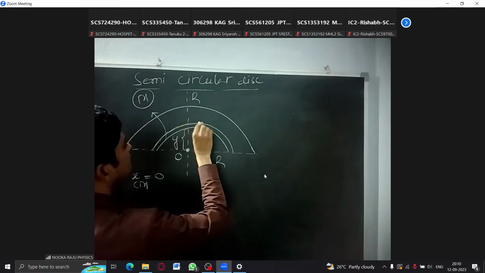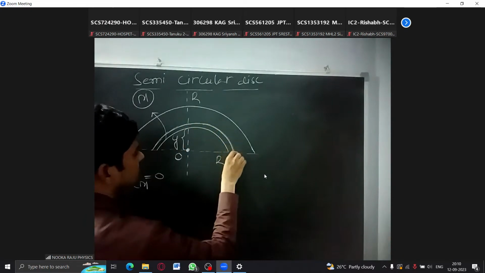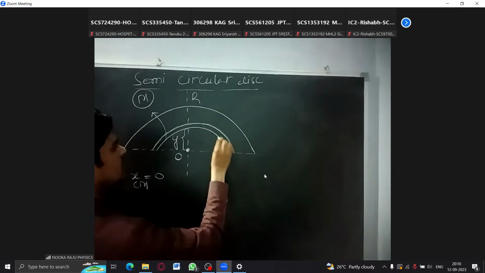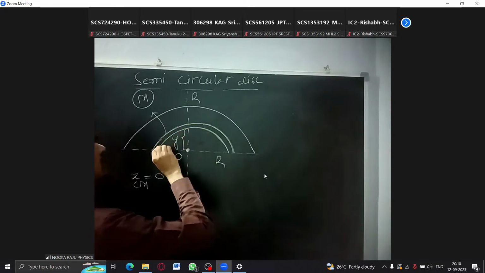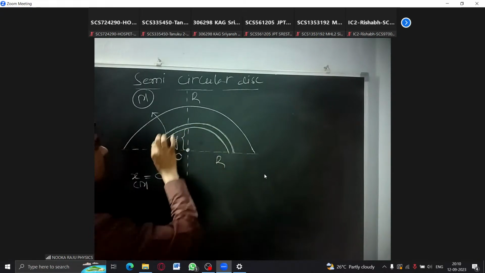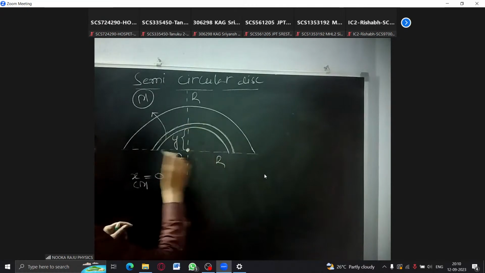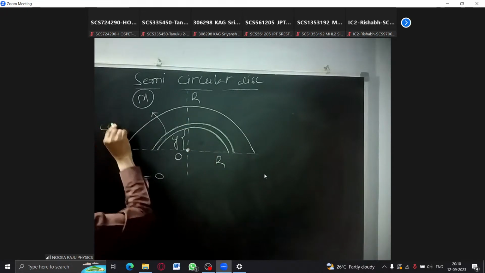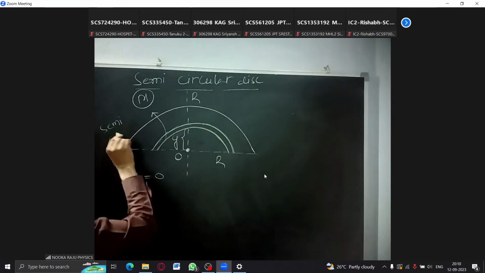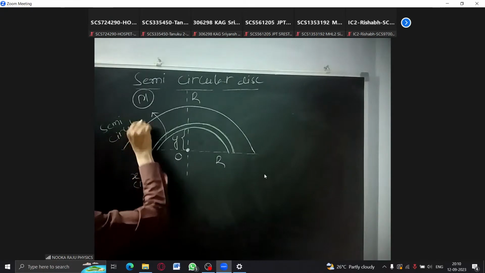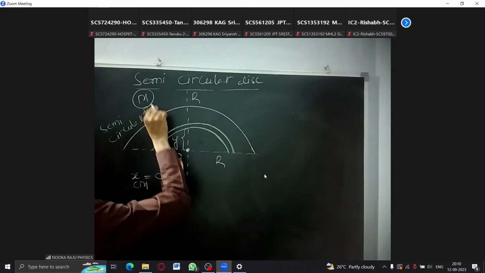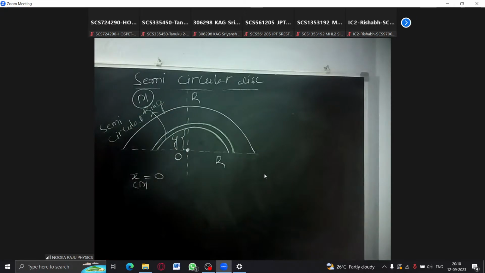I'm just highlighting this part, this green surface. This is a semicircular ring. Coming to the next one, what about this one?